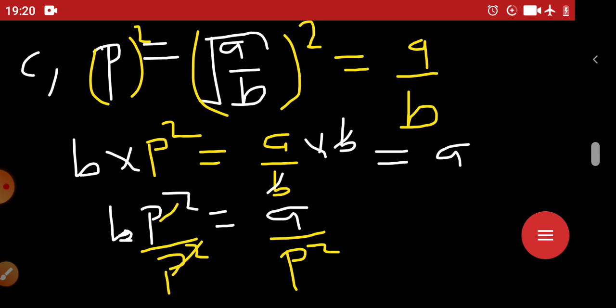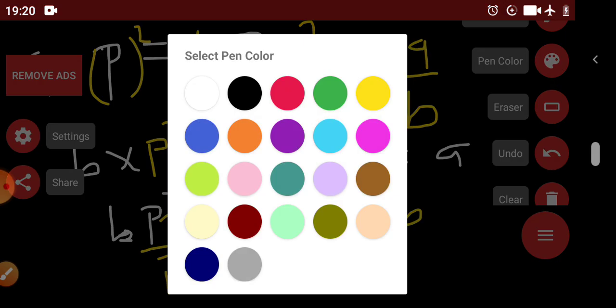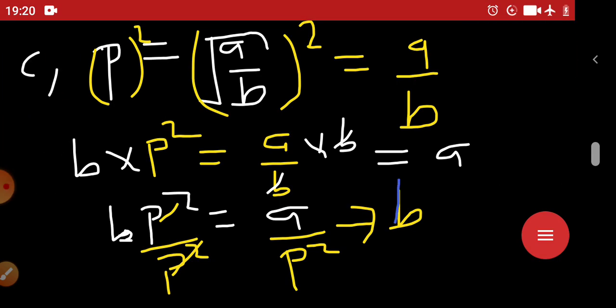This cancels this, and we are left with B is equal to A over P squared. Remember, we got the same answer. So this will be the answer, and we have made B the subject of the formula.